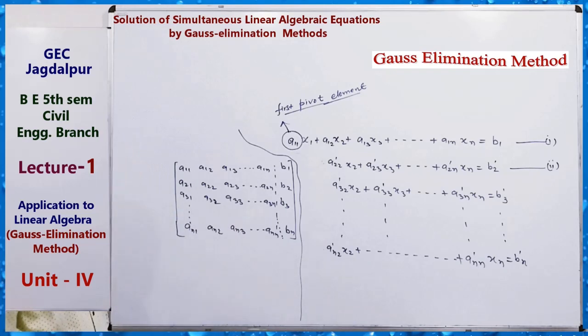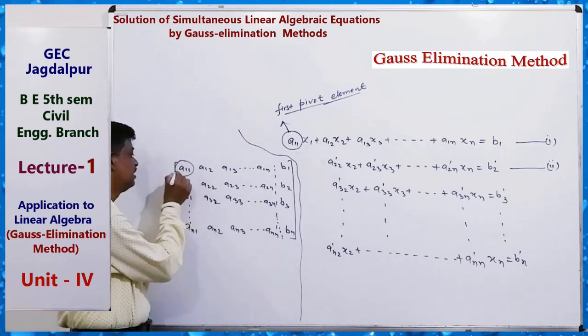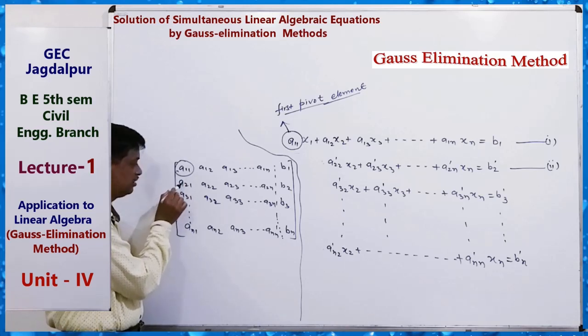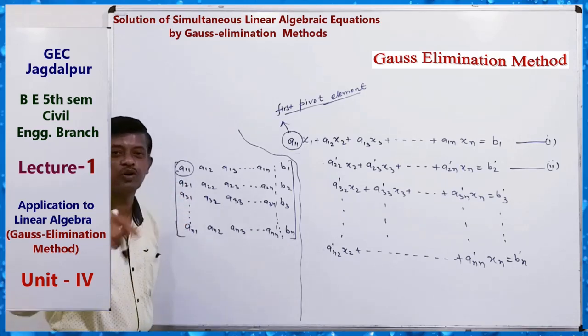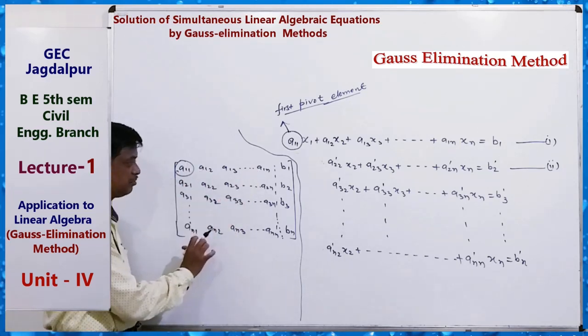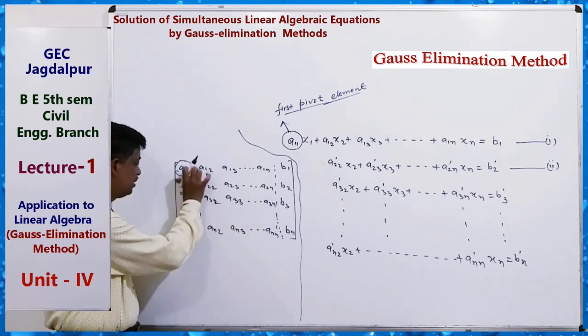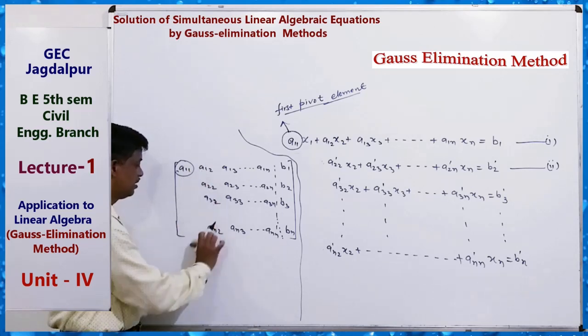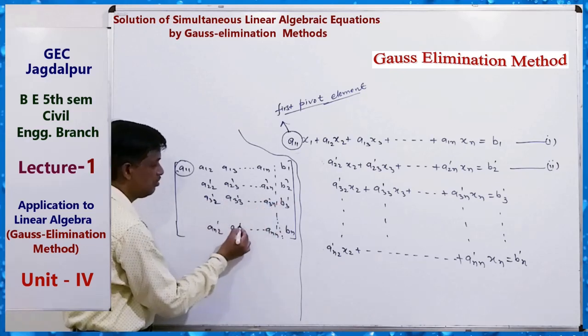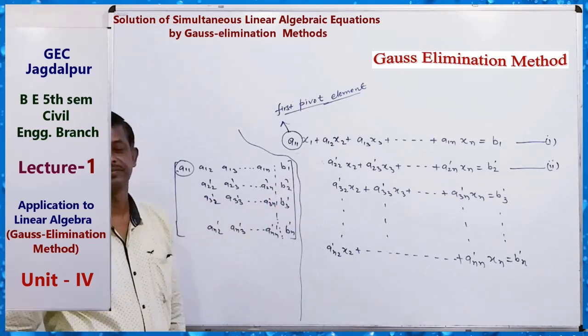So by using this, you have to make this 0 by applying row operations. All of them become 0, then the coefficient matrix will change.